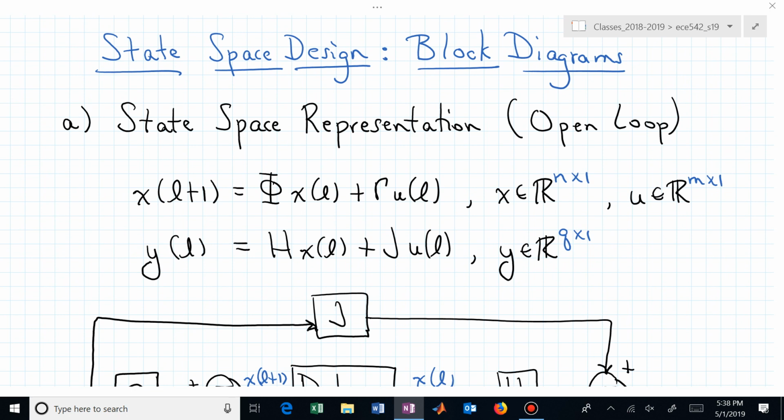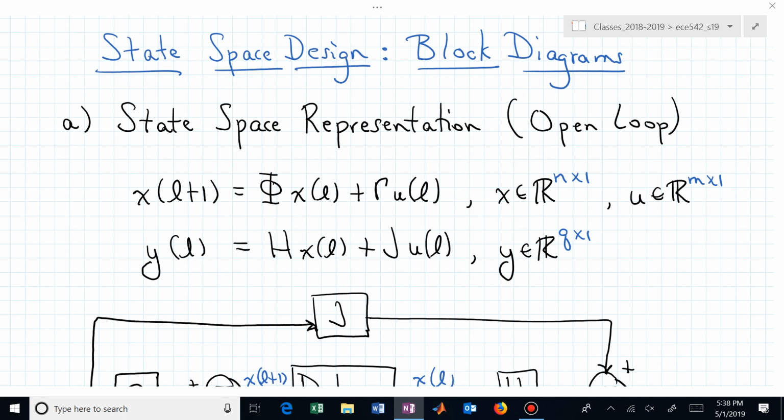Let's get into these A through F's, block diagrams, and equations for some of these block diagrams. Here's a state space representation, and I'm just saying it's an A state space. It's not the state space, because state space representations are not unique.